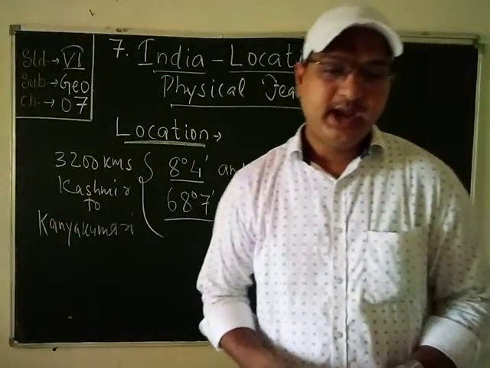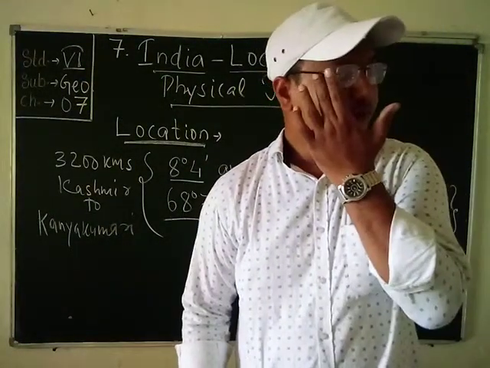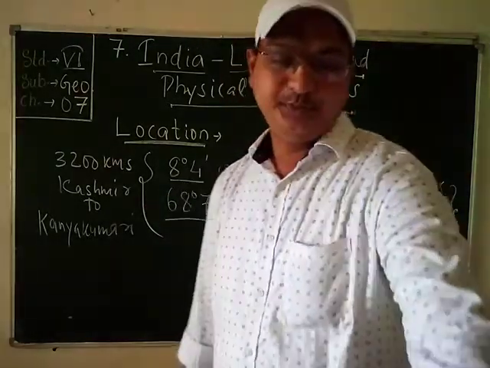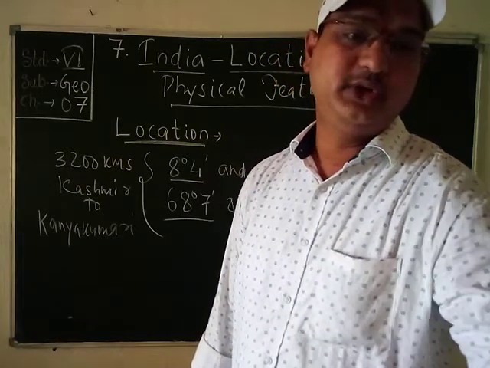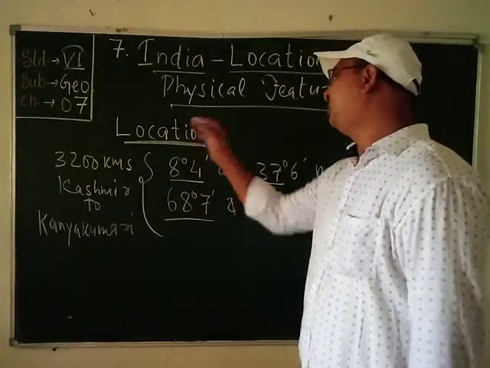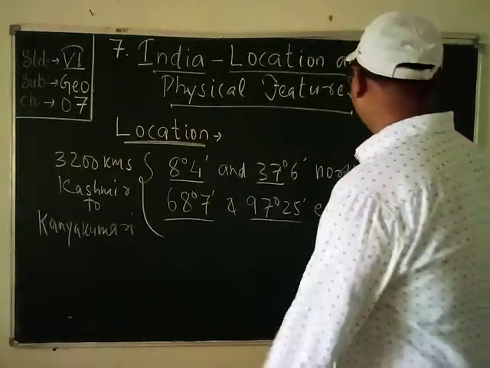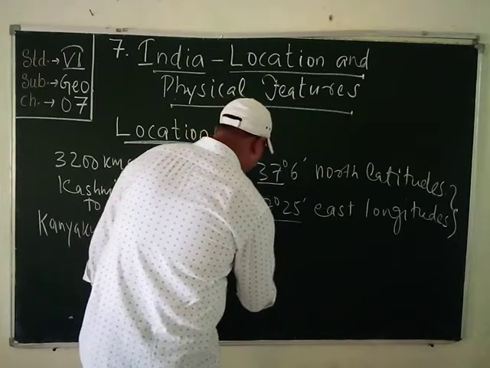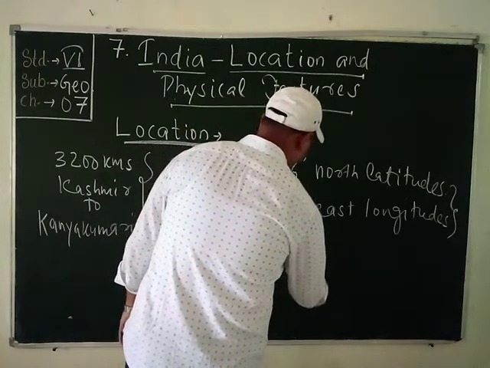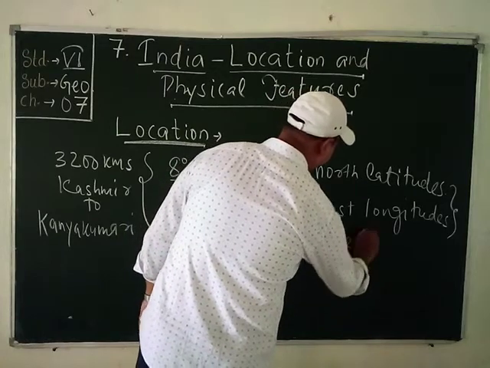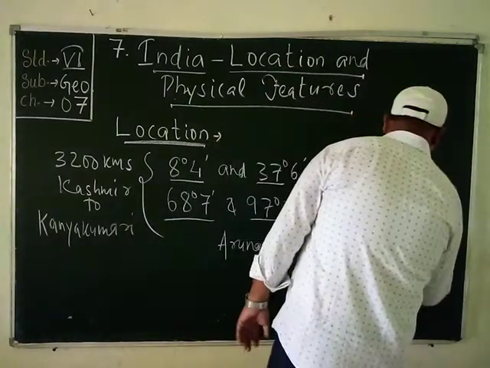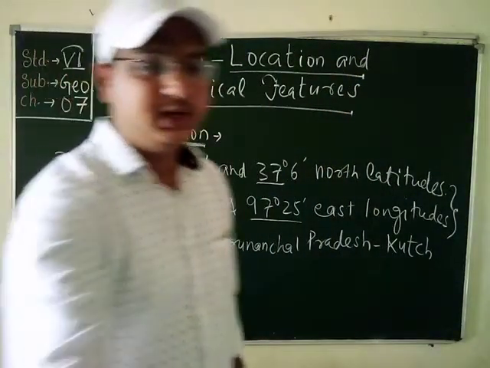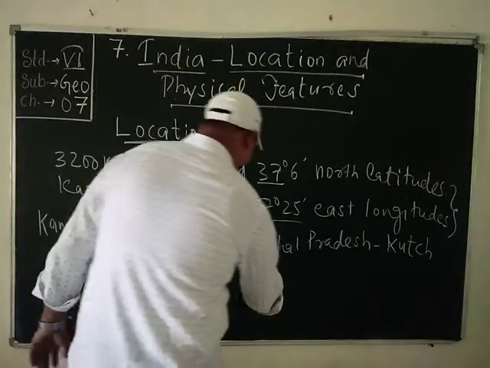And from east to west, that is from Arunachal Pradesh to Kutch in Gujarat, students, as I have told you, from Kashmir to Kanyakumari it is 3200 kilometers, and from Arunachal Pradesh to Kutch it is 2900 kilometers.